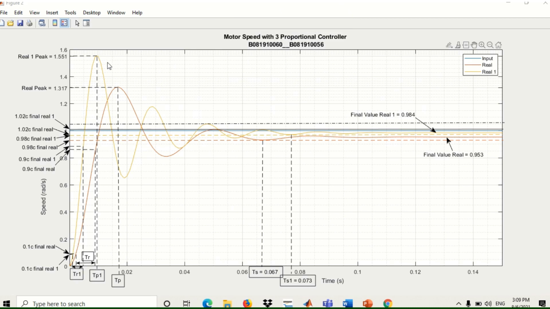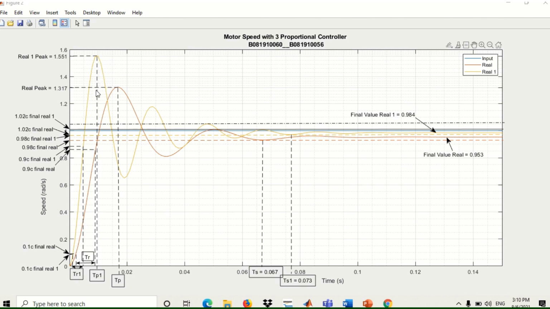Okay, first from the graph we have to label all this. First we label TP and TP1. TP is peak time. That is the time required to achieve the maximum overshoot peak based on the first oscillation, this oscillation.